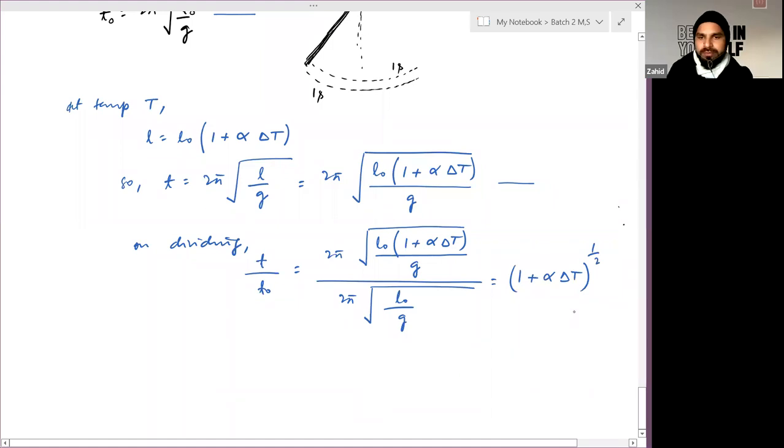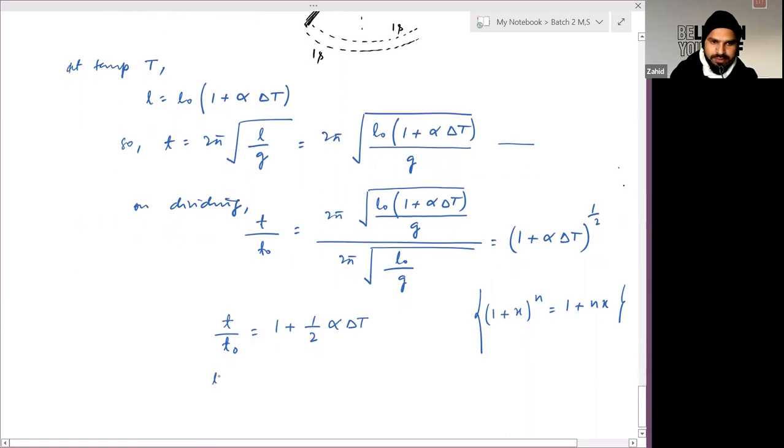Now, according to binomial expansion, we may write this expression as, since (1 plus x) raised to n will become 1 plus n times x, so this exponent half will get multiplied with the coefficient of alpha delta T. So you'll get T divided by T naught equals 1 plus half alpha delta T. Now move 1 to left side.